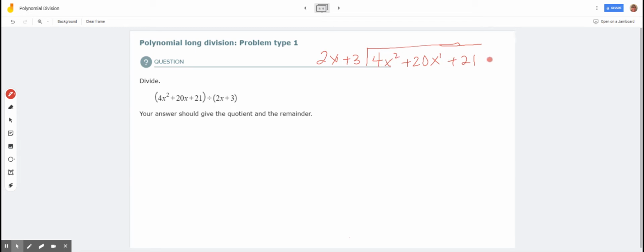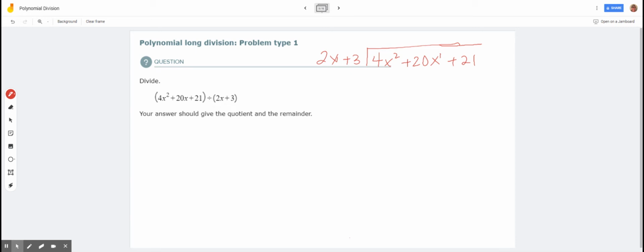Okay, 2, 1, 0. It's nice and ordered. So if they somehow skip one of these, in other words, what if they asked you to do 2x plus 3 into 4x squared plus 21? Like they eliminated that term. You have to put a 0. I'm hoping we hit one of those today. If not, I'll make one up.